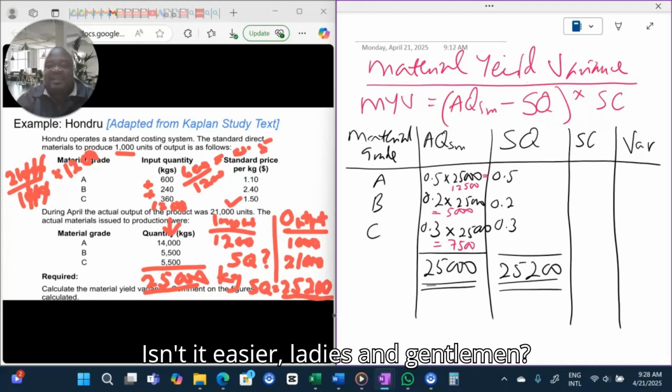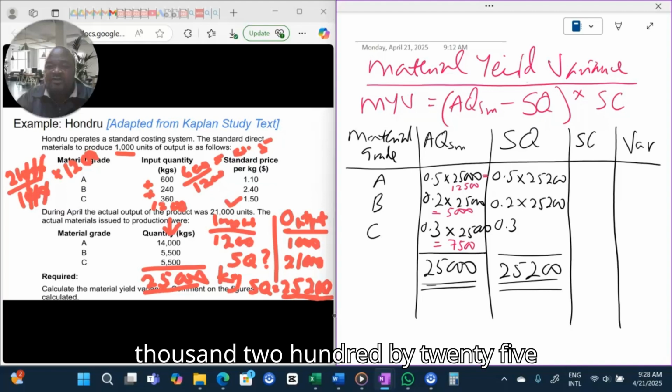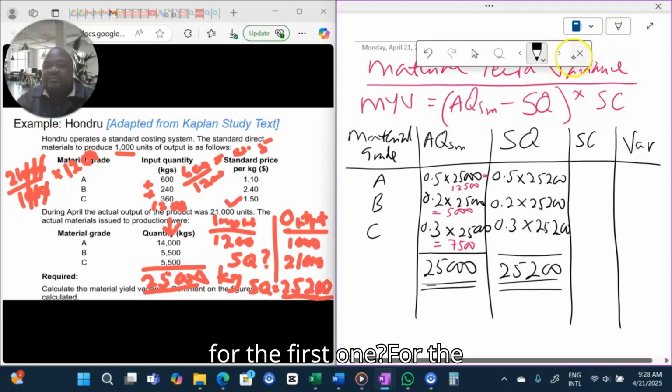Isn't it easier, ladies and gentlemen? It's very, very easy. So we multiply here by 25,200 kgs. What do we get for the first one?